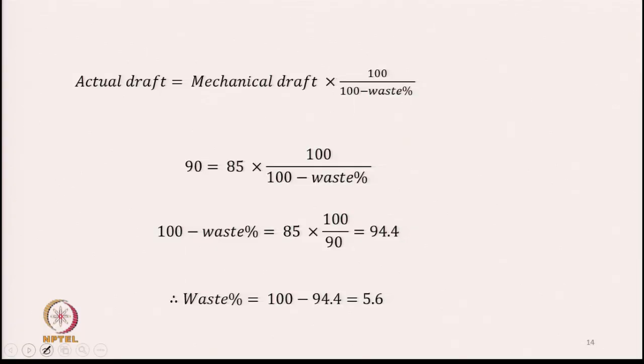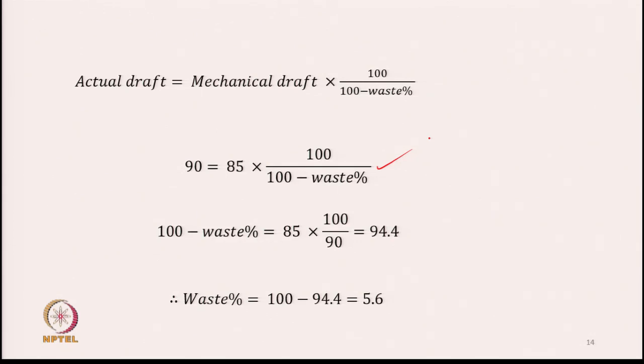That is what exactly we have done. Actual draft is 90, mechanical draft is 85, waste percentage is not known to us. So, now from this expression we have to find out the waste percentage. These steps are shown. 100 minus waste percentage is going to be 85 into 100 by 90, which is 94.4.